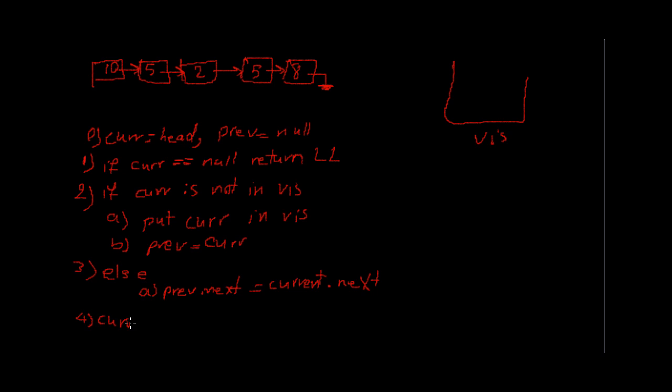You want to move current to the next node. So current is equal to current.next. And then the 5th step is to go back to step 1.